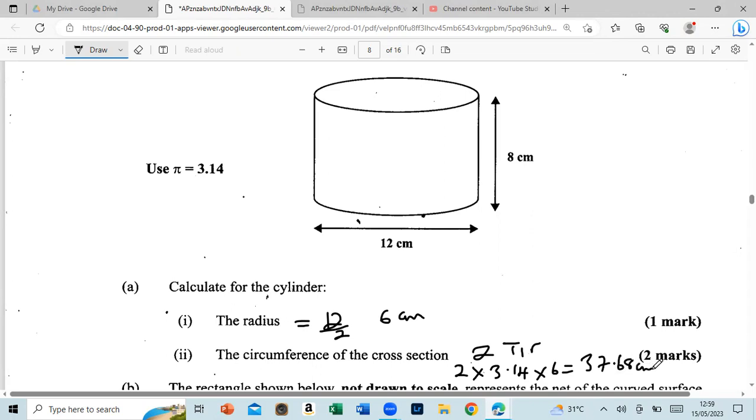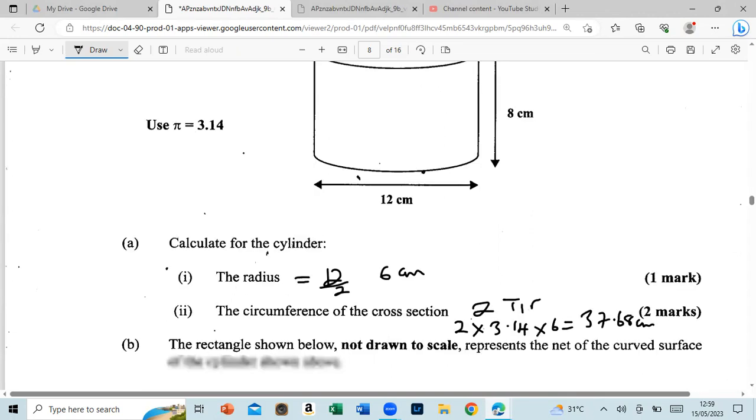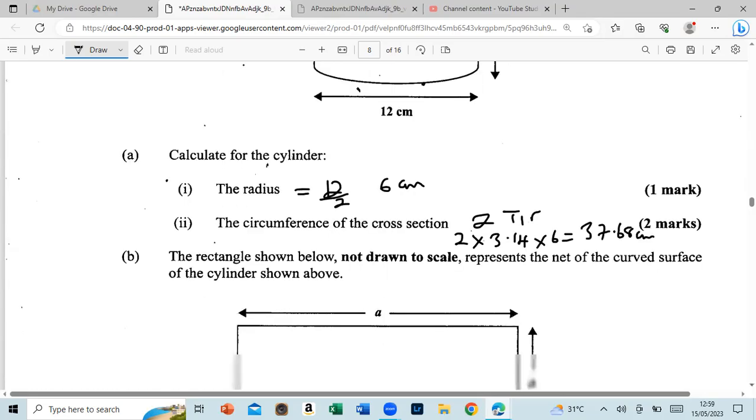We know it's a length, so we put centimeter, not centimeter square. Alright, they further went on and said the rectangle shown below, not drawn to scale, represents the net of the curved surface of the cylinder shown above.